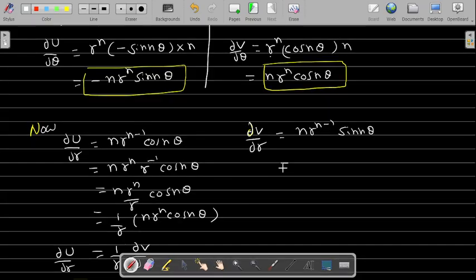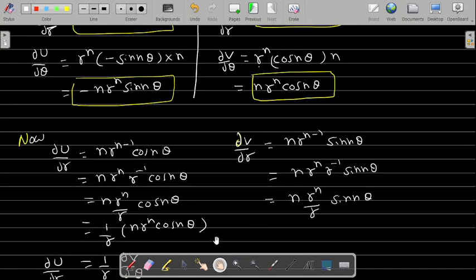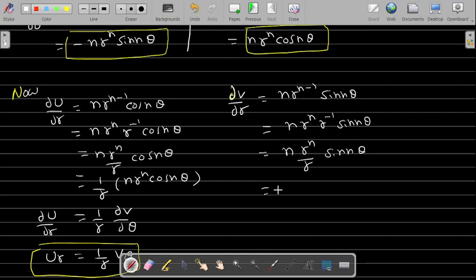Now, can I write n into r inverse times r power n sin n theta, that is n into r power n by r sin n theta. So this is 1 by r times n into r power n sin n theta.